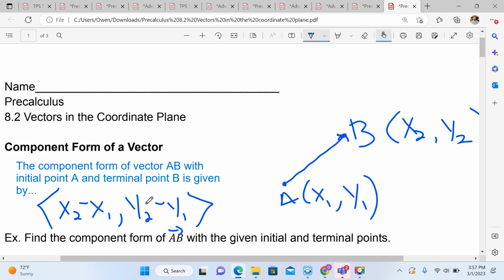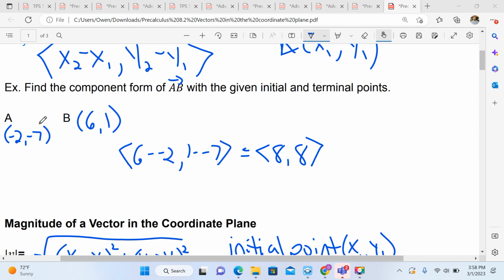That will get you your vector AB, written as AB with a little line with an arrow pointed to the right. So that's the definition of the component form of a vector. Take the terminal minus the initial, and you'll get your vector.